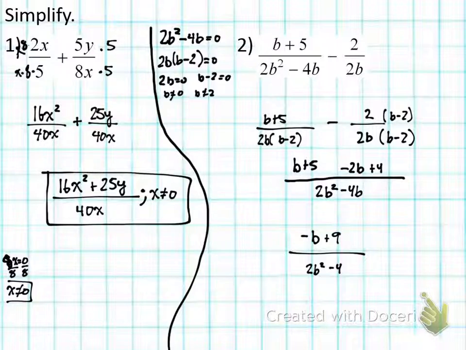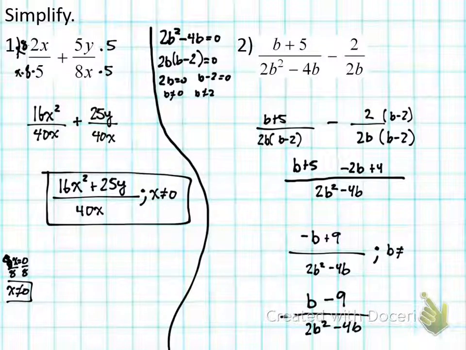Now, some math teachers don't like having this negative sign in the front, so what they do is they factor out a negative. So check this out. Remember how I told you to factor out a negative 1? You could just factor out a negative sign. Okay, put a negative sign in the front, like so. And we ask ourselves, negative what times is equal to negative b? Well, just b. Negative what times is equal to positive 9? Negative 9. So we got 2b squared minus 4b in the denominator. Okay, we have a semicolon.